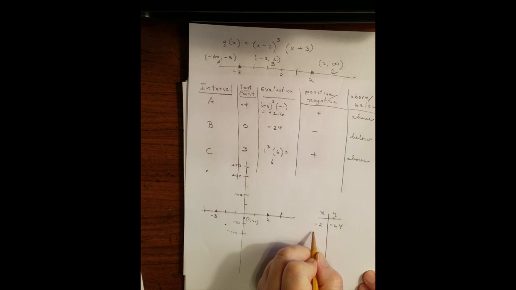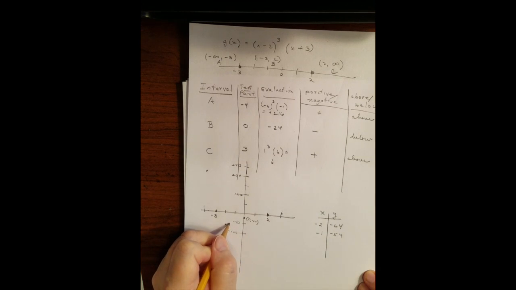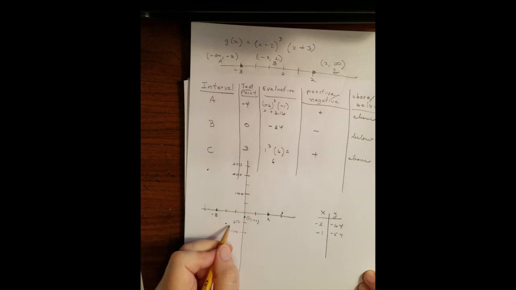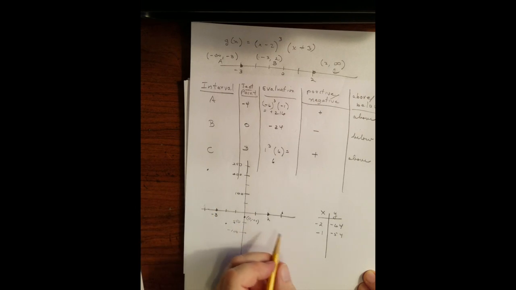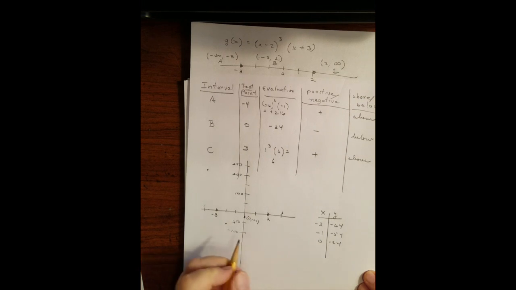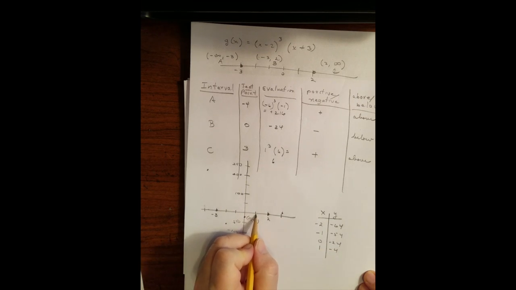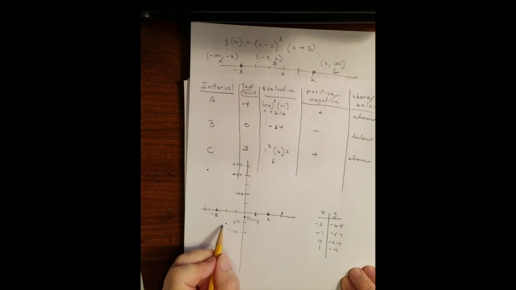At -1 we got -54, which is about right here. And then at 0, of course, we have -24. And at 1, we got -4. So we have a little better idea.